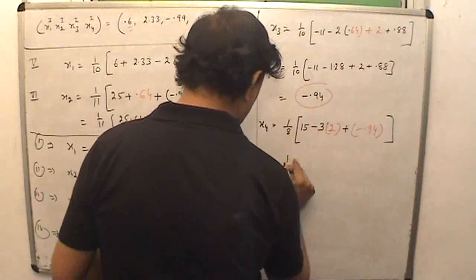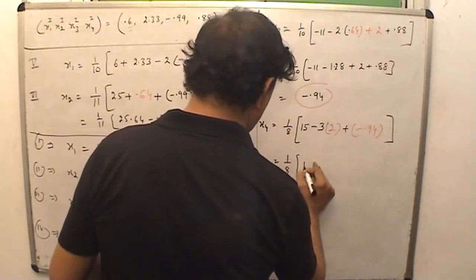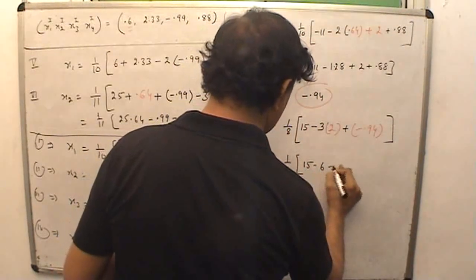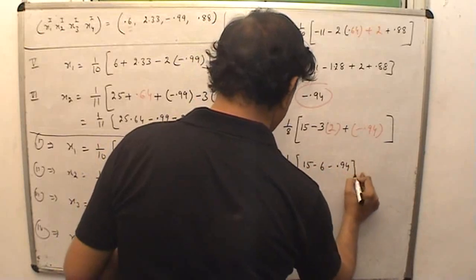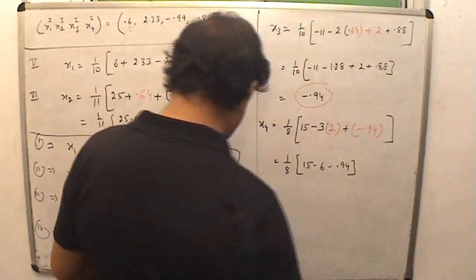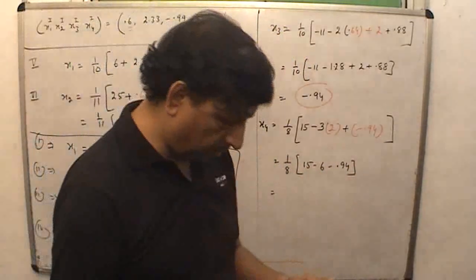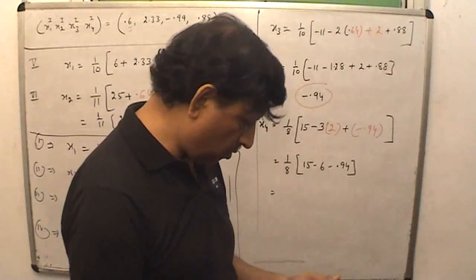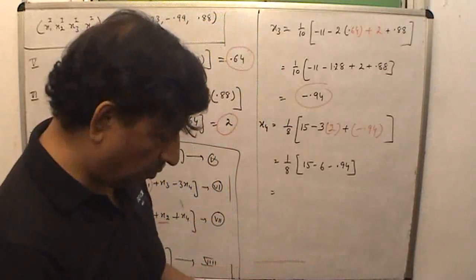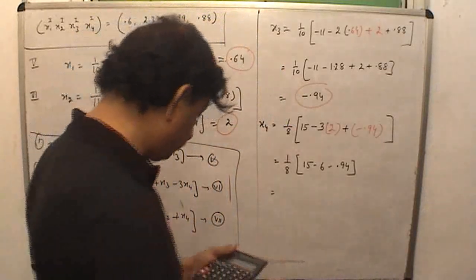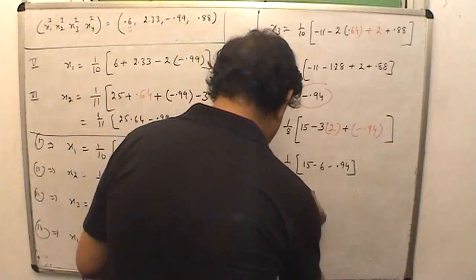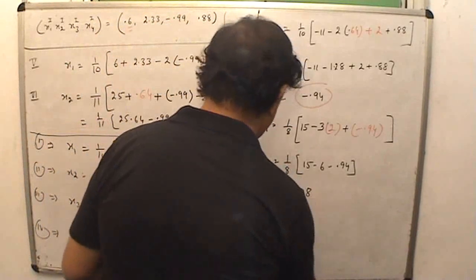That's equal to 1 by 8 into 15 minus 6 minus 0.94, that is equal to 1.0068.